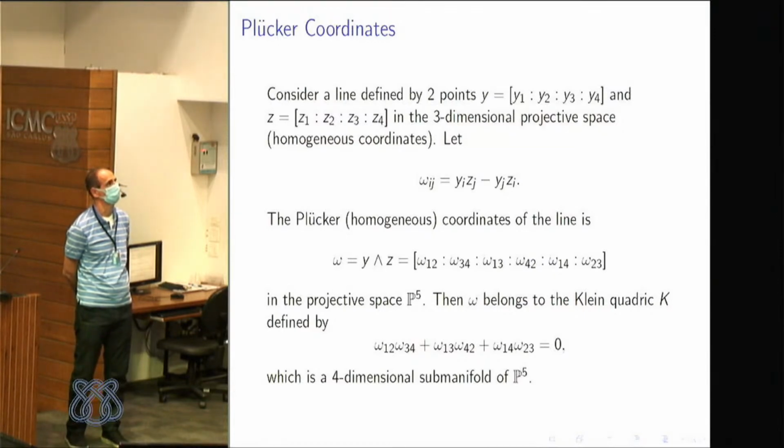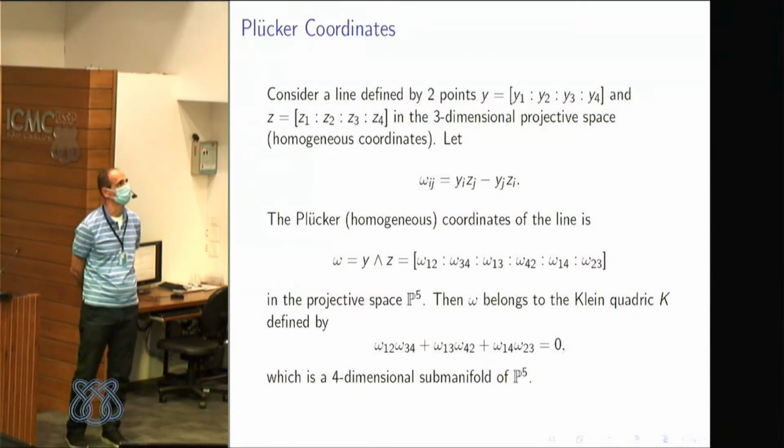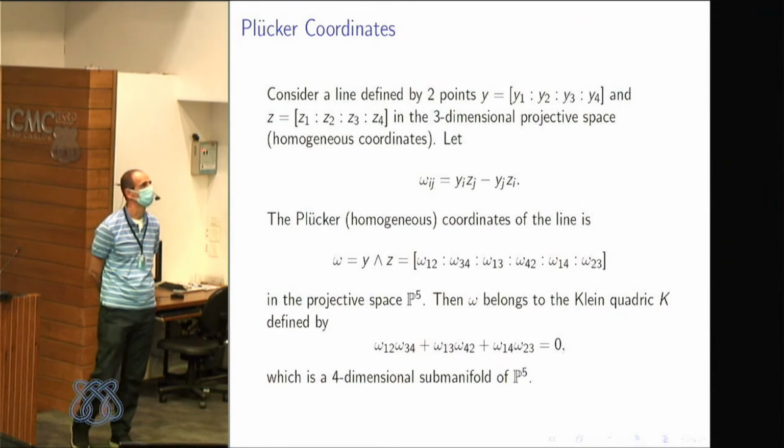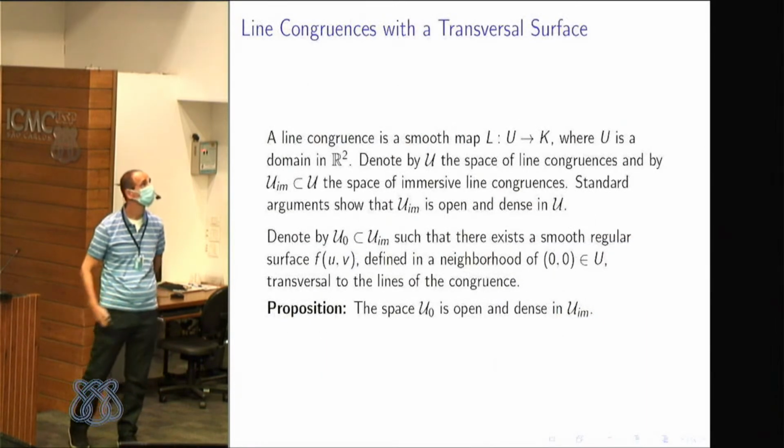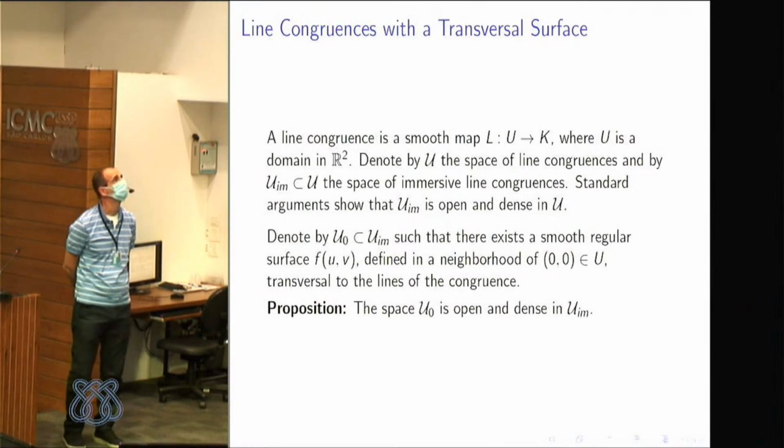You calculate these determinants and then obtain the Plucker coordinates, which are in projective space P5, but they must satisfy this relation, which determines a quadric in P5, which is a four-dimensional submanifold. So a line congruence more formally is a smooth map from a domain in R2 to the Klein quadric K.